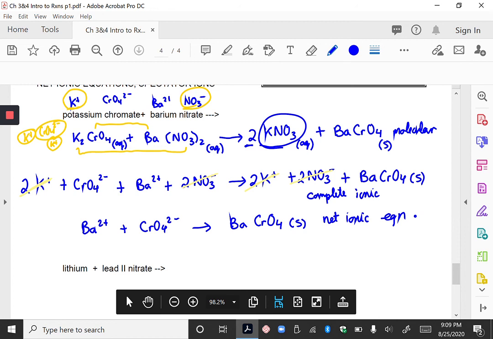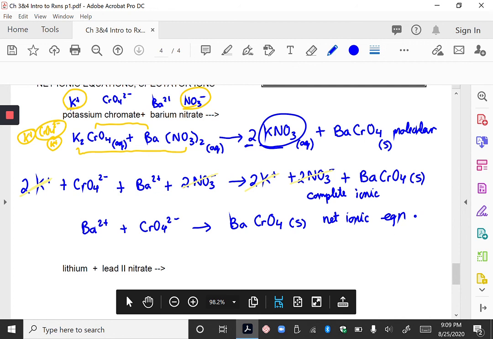Now, out of habit, I always write the positive first before the negative. That's just how chemists write it. If you were to write it as CrO4 2 minus plus Ba2 plus, you wouldn't have any points off. But just out of habit, it's more correct to write the positive one first, but grade-wise, it would not make a difference.